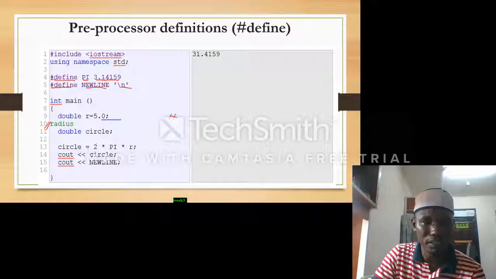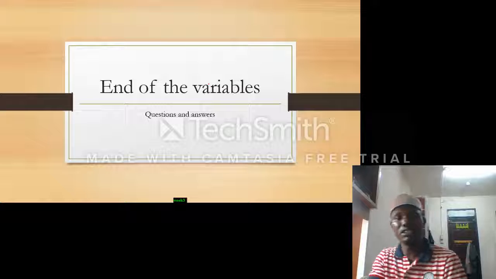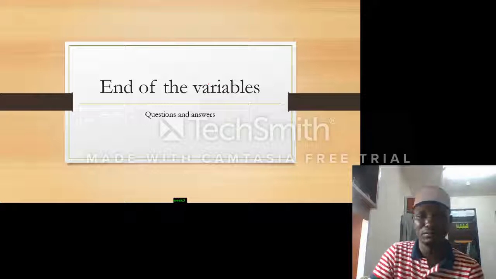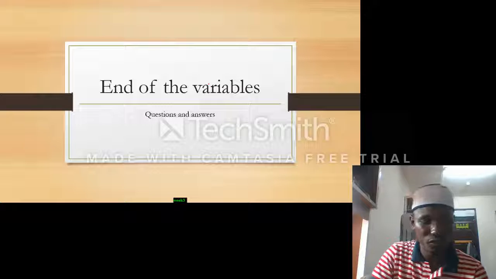Then when we compute this, it is 2 times 3.14159 times 5.0, the same thing as the previous one, and the result will be kept inside the cycle variable. Let's see cout newline, to move to the new line. That's all. Okay, and with this, we come to the end of today's class. Thank you so much for listening.